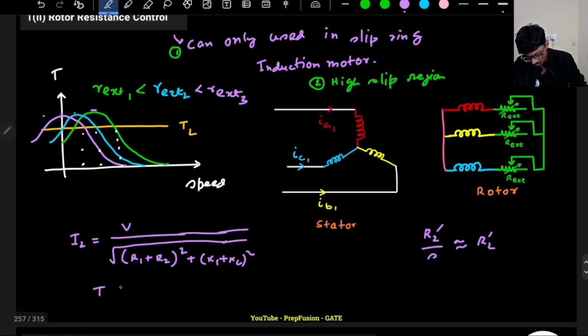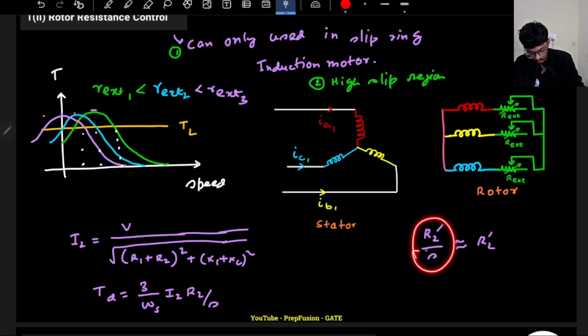So again, what is the torque? Developed torque is 3 upon omega S into I2 squared into R2 divided by S. And again I have told you that R2 divided by S is roughly equal to R2 only.